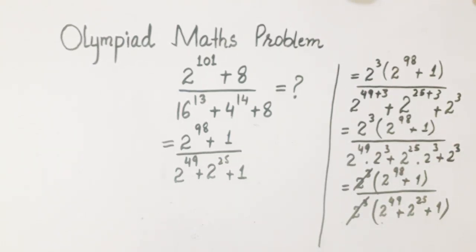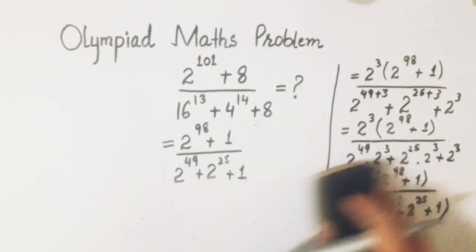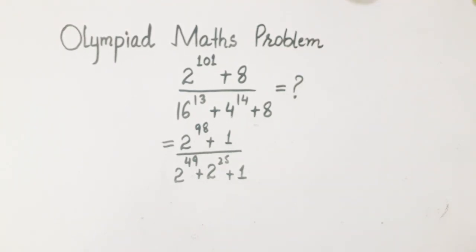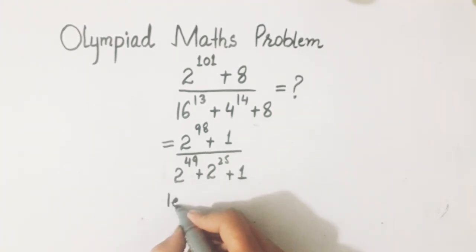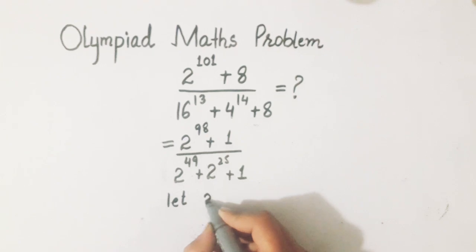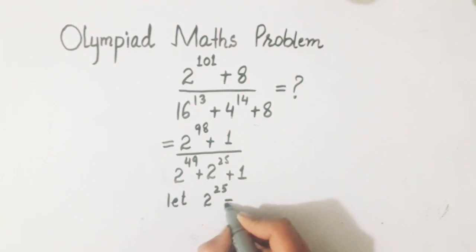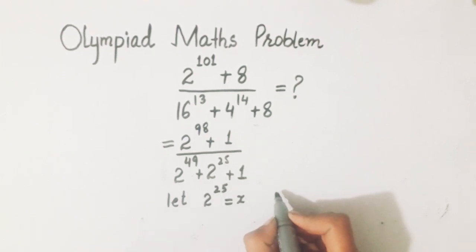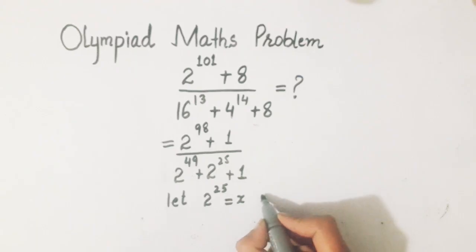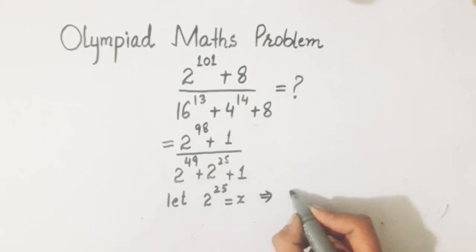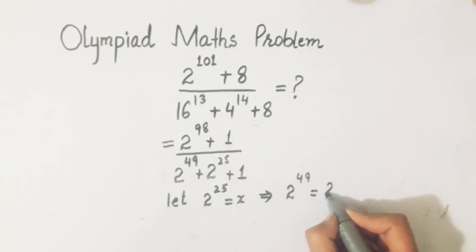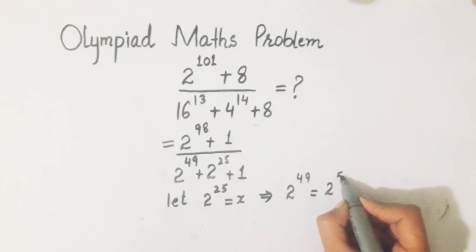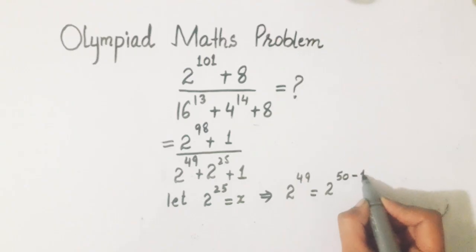So now we will solve this further. We will make a supposition here. Let's suppose 2 raised to power 25 equals x. Now for the other one, 2 raised to power 49 equals 2 raised to power 50 minus 1.